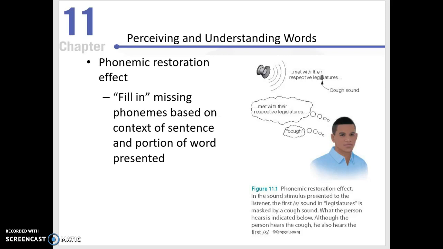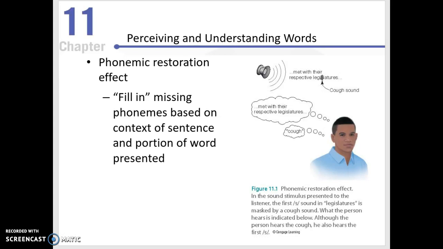There's a cough sound over the S. So that S is not heard, but because this person has context and experience in the world, he is able to fill in the missing phoneme. So the phoneme here is S, as in legislatures, and it is blocked with the cough. So phonemic restoration effect means that we can fill in the blanks if we have context.